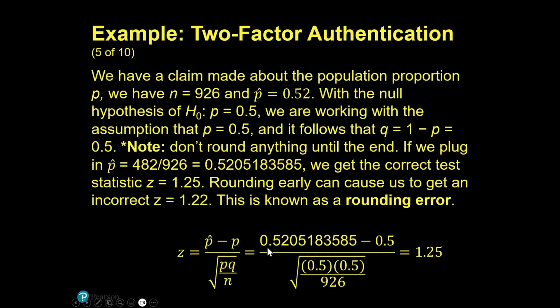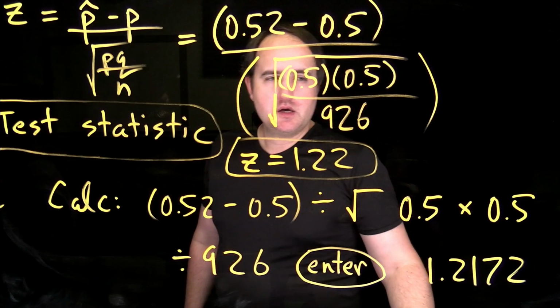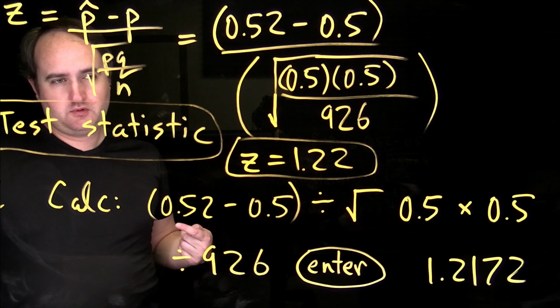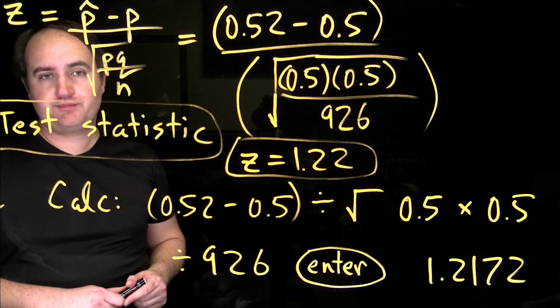I used 0.52, but on the slides, I kind of purposely did that. Sorry, let me go back to this. The 0.52 that I plugged in for p hat was actually already rounded.